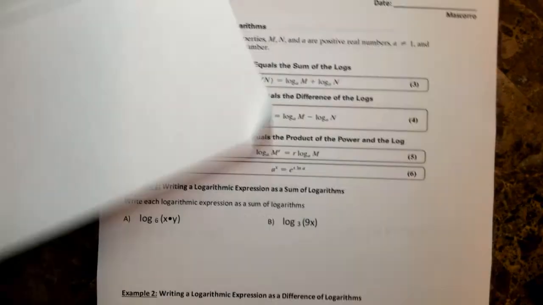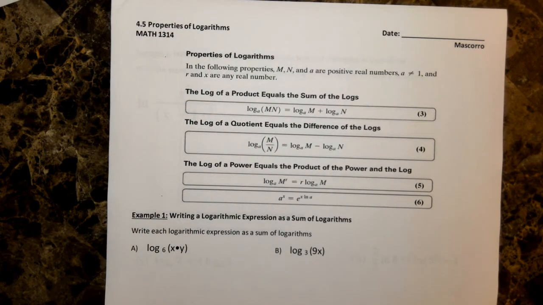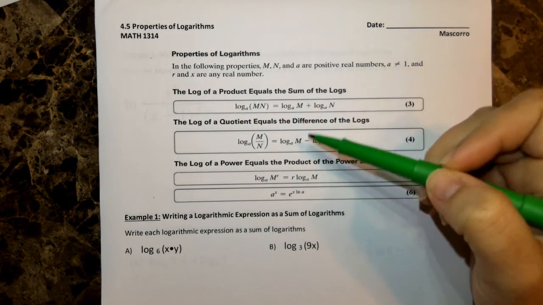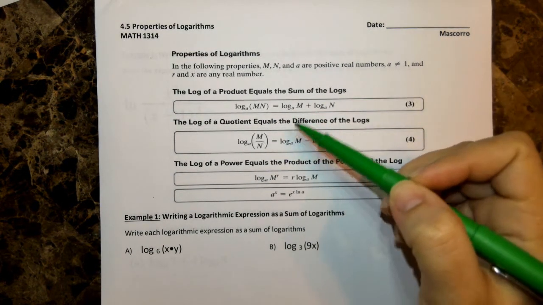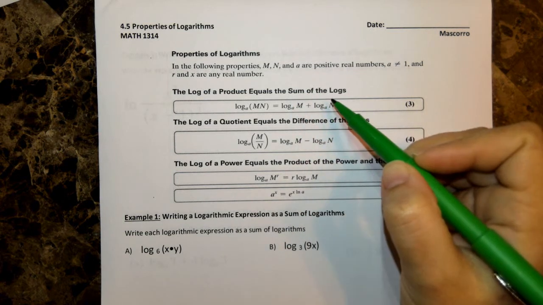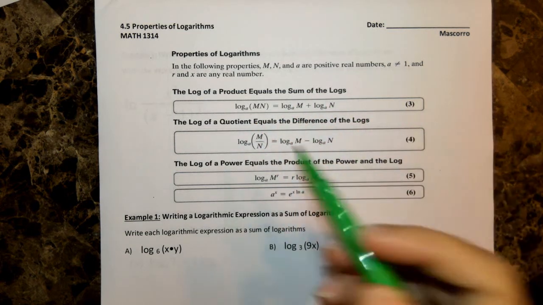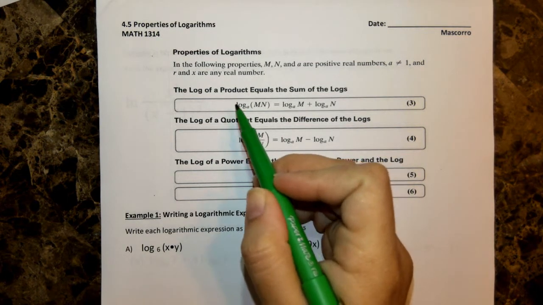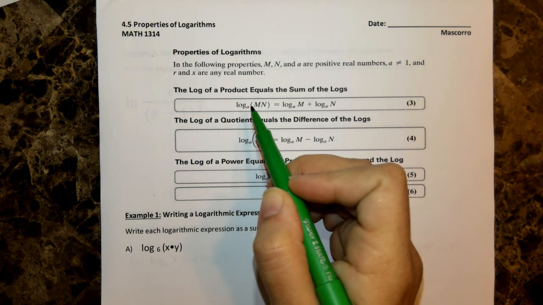All right, there are three other properties that we are going to cover today about logarithms, and the first one is called the sum of logarithms. Now, the sum of logarithms pretty much just means when you have log base A, and remember A could be anything, of two things that are multiplied by each other.